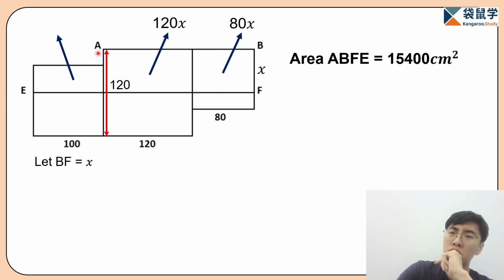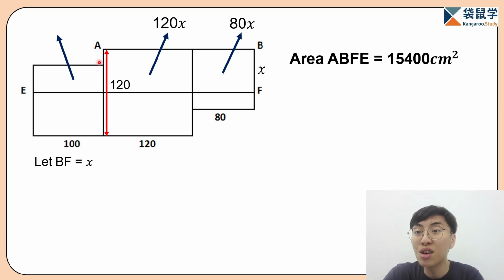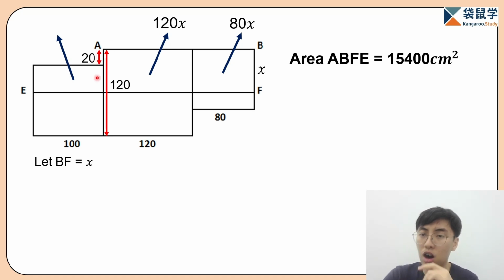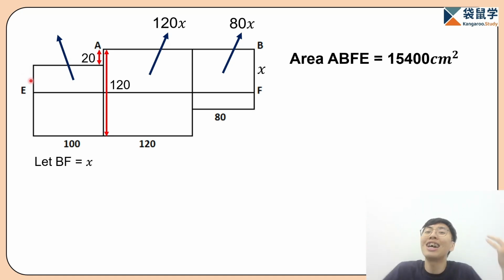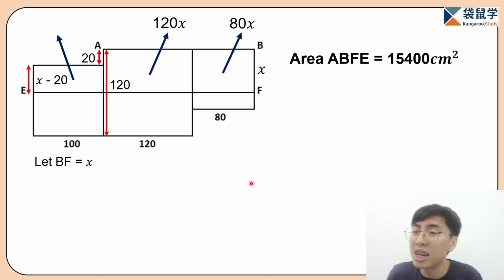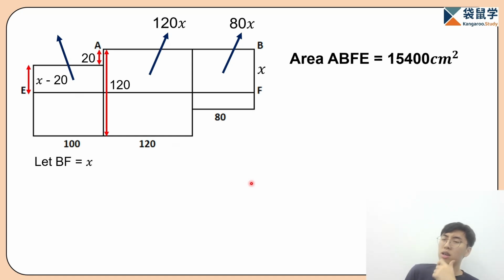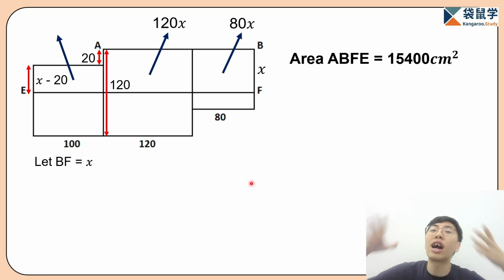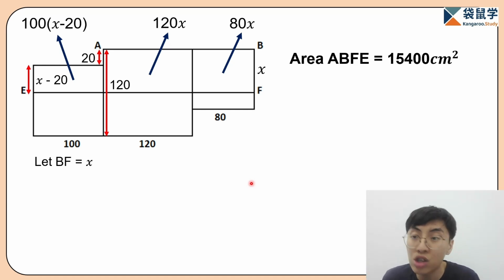The answer is yes, because we know that this height is 100, so the part above should just be 20. Since I know that this is 20, do I know the height of the rectangle? Yes, we definitely know that it is x minus 20. So now I have the base and the height. I'm able to find the area of this rectangle, which is 100 times (x minus 20).